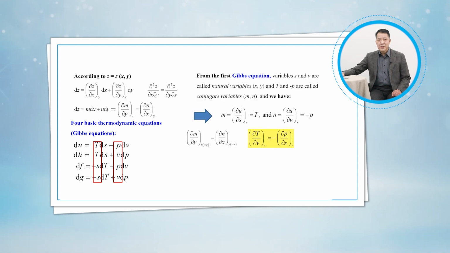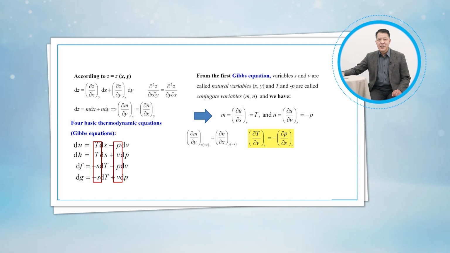From the first Gibbs equation we have, since the order of differentiation is immaterial for properties, this expression.